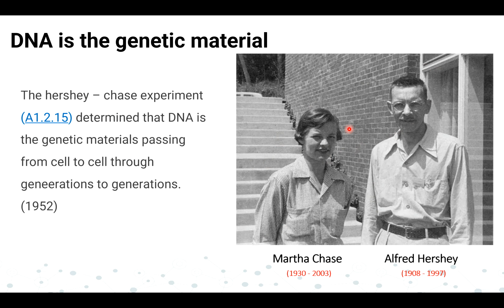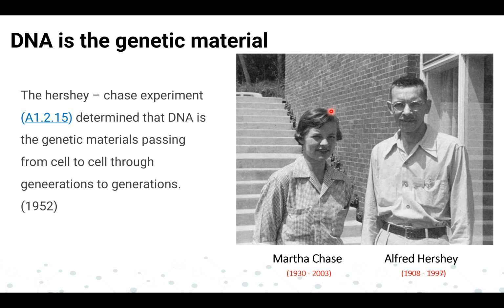This is the group of scientists. They are the two people who have proven that DNA is a genetic material. Martha Chase, born in 1930, died in 2003. Alfred Hershey, born in 1908, died in 1997. Both have the credit.